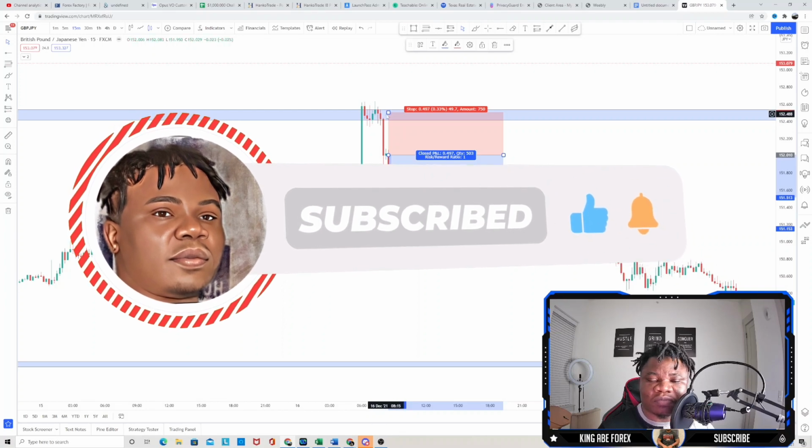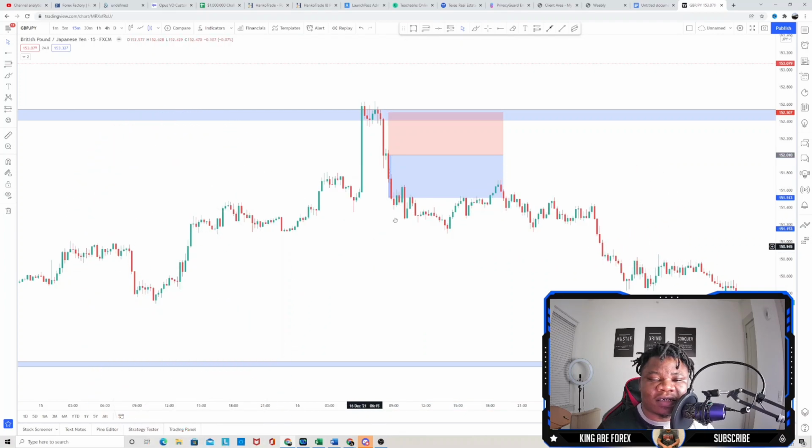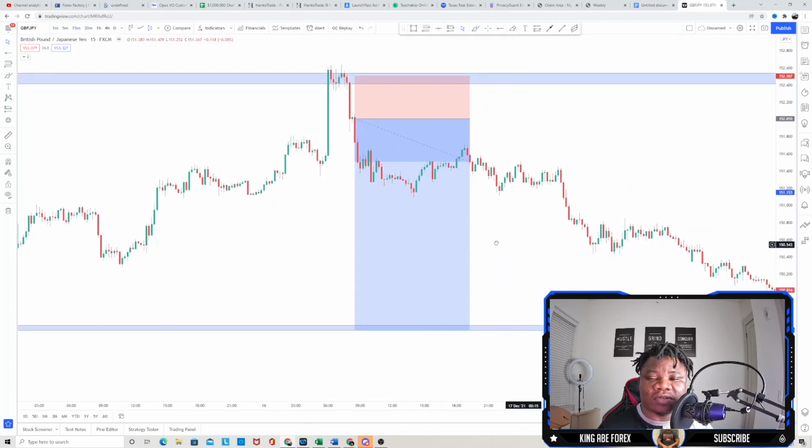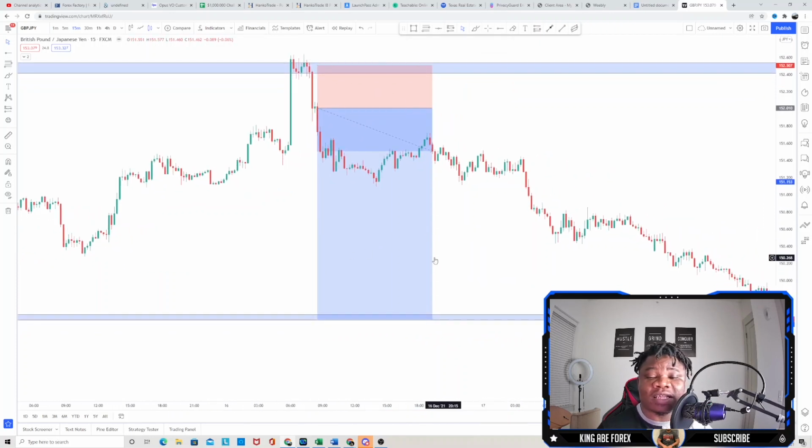The target is to ride this sell position all the way back to the supply zone, to my demand zone. That is my target. But like I showed you guys when we took the buy position, you don't have to do that at all, just to minimize your risk.